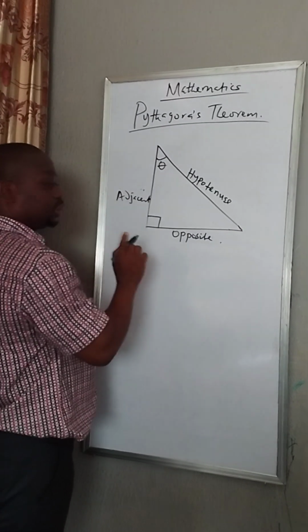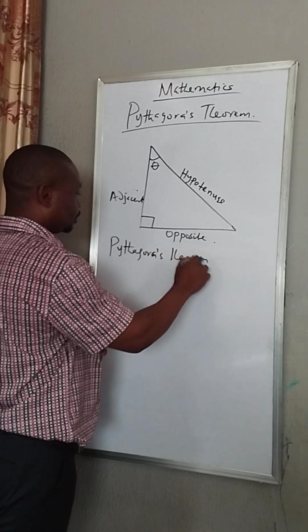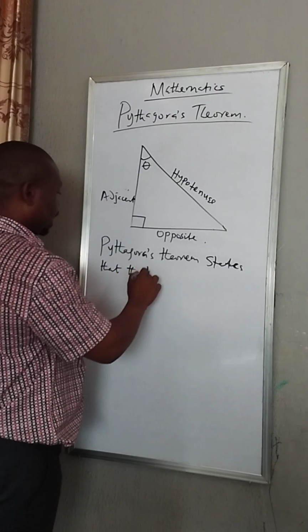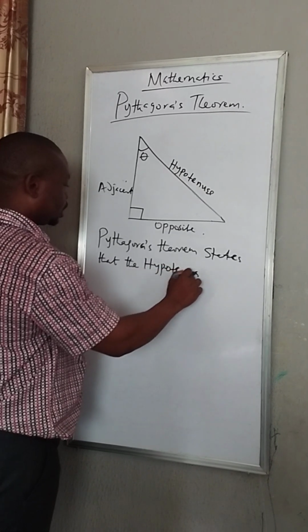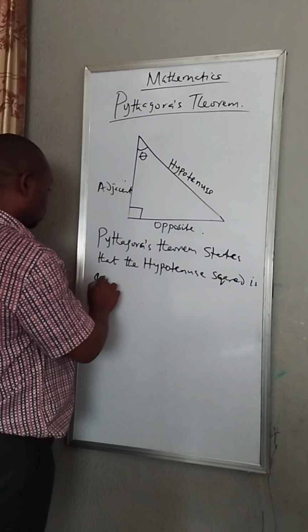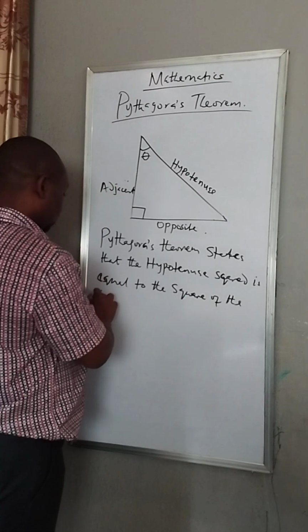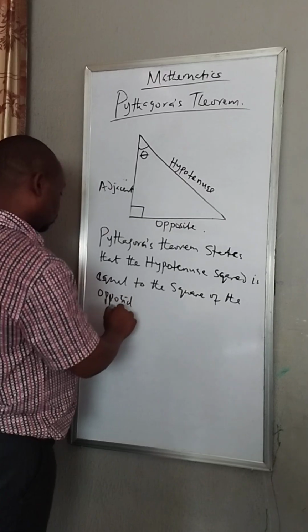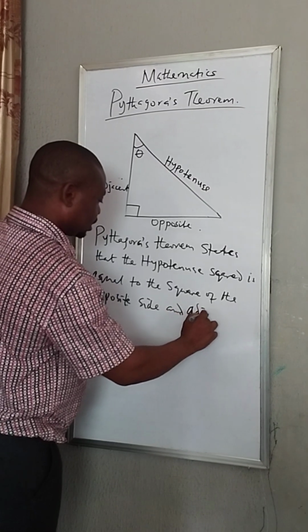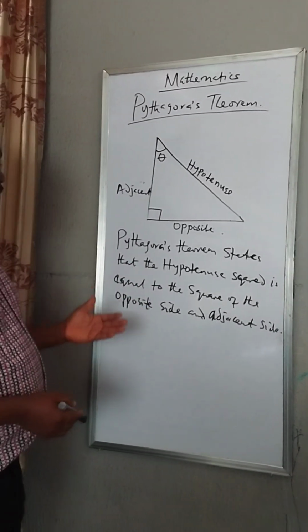So we can now say Pythagoras theorem states that the hypotenuse squared is equal to the square of the opposite side and adjacent side.